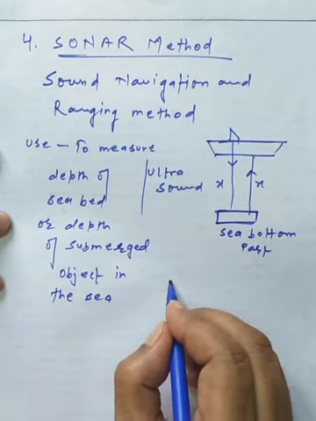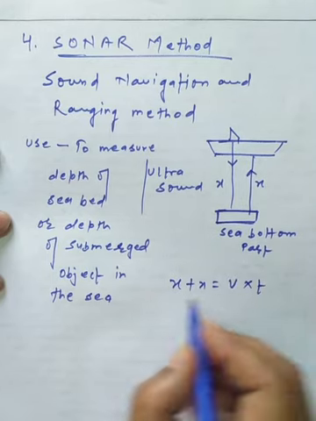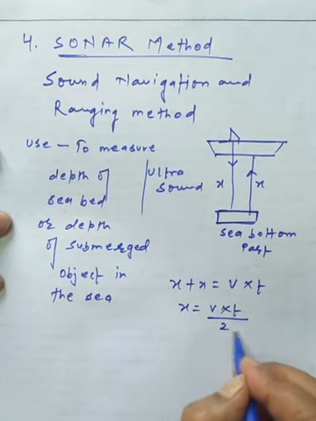A similar formula is used here: x plus x is equal to v, where v is the velocity of the ultrasound. So x can be treated as v into t divided by 2.